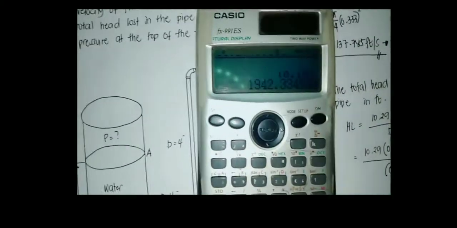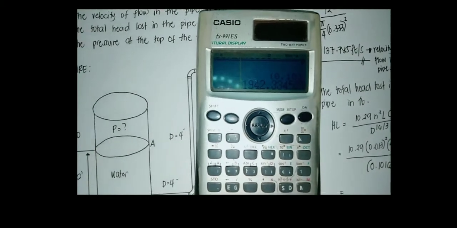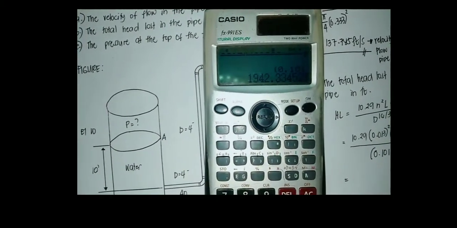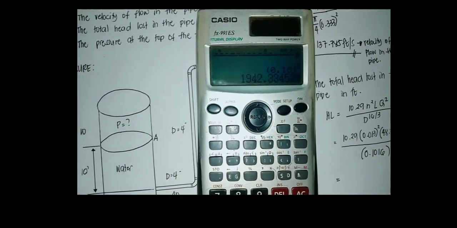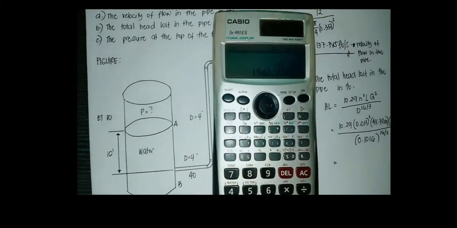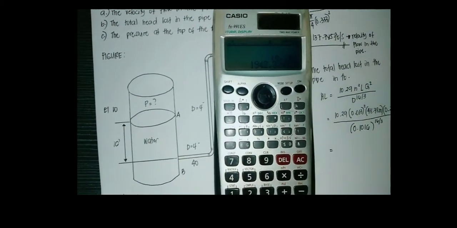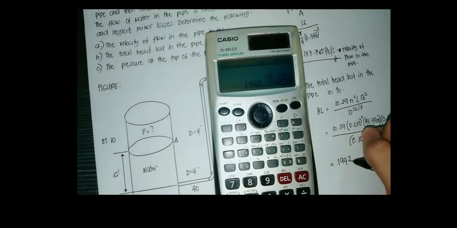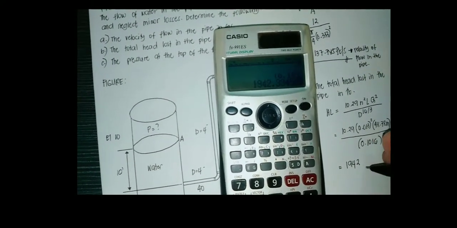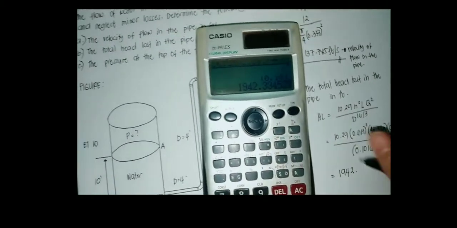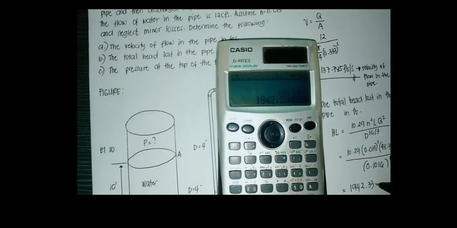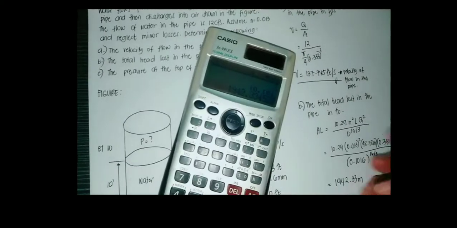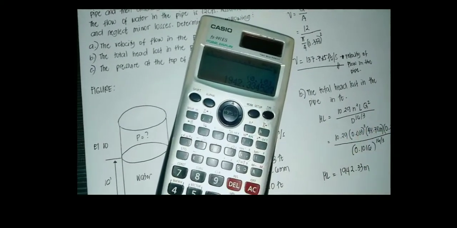This is the result. You can see it here. So the result of our head loss is 1942.33 meters. This is our head loss.